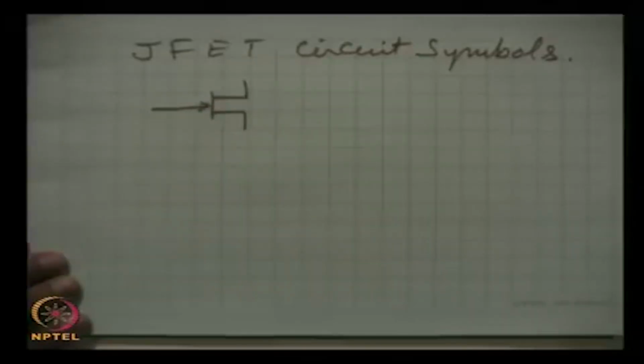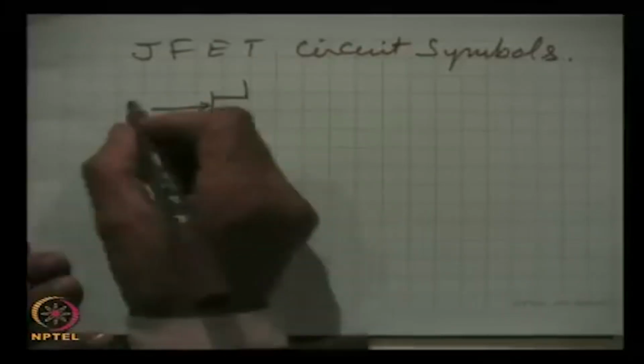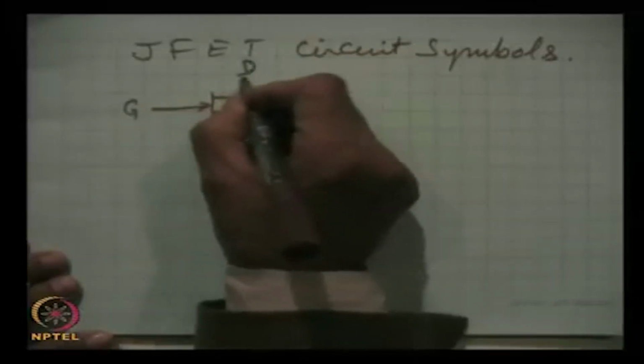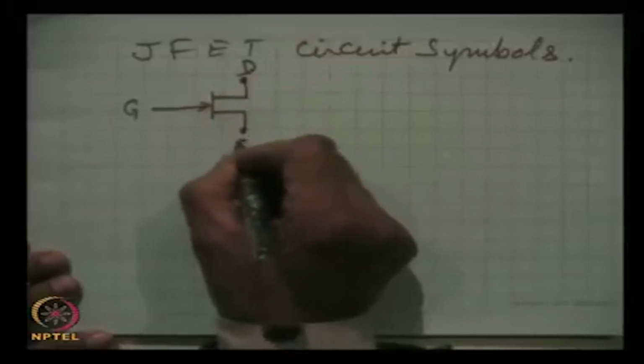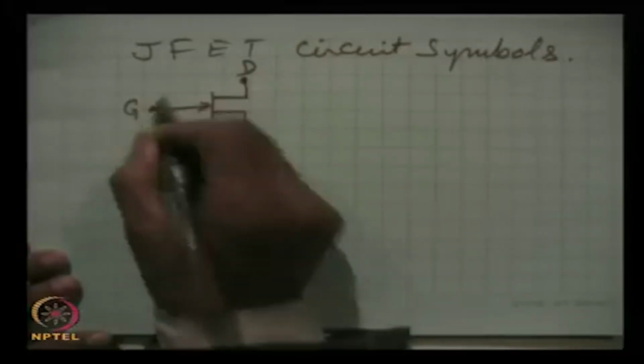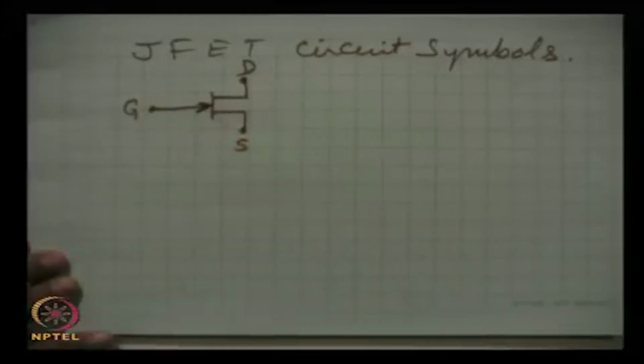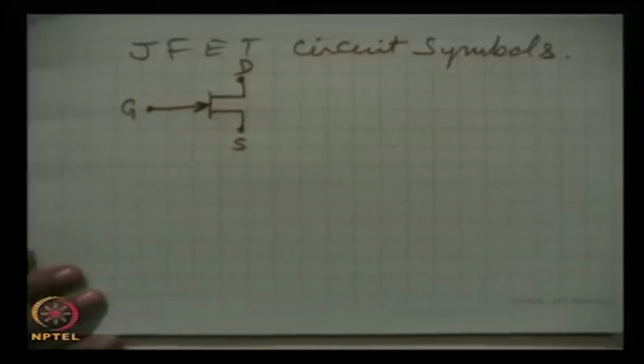This is the circuit symbol for a FET, this is gate, this is drain, and this is source. This arrow, as in the case of an NPN transistor, gives the direction of the conventional current. So, on that it has been derived.